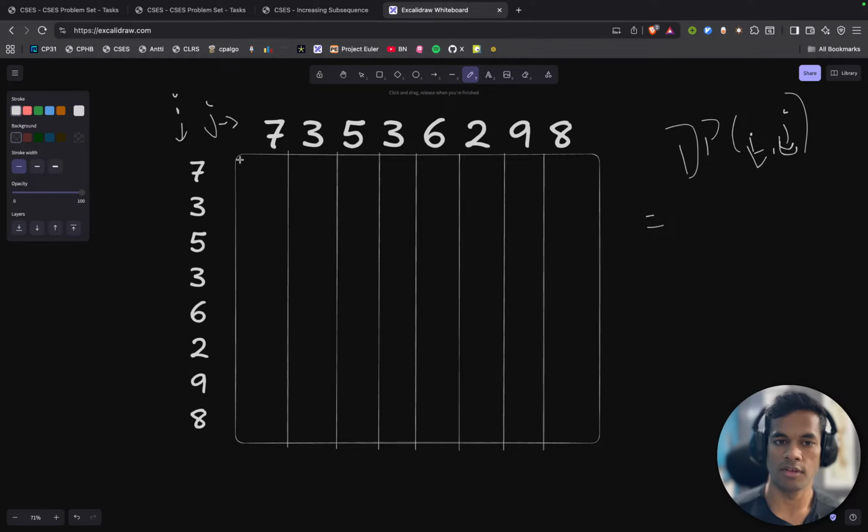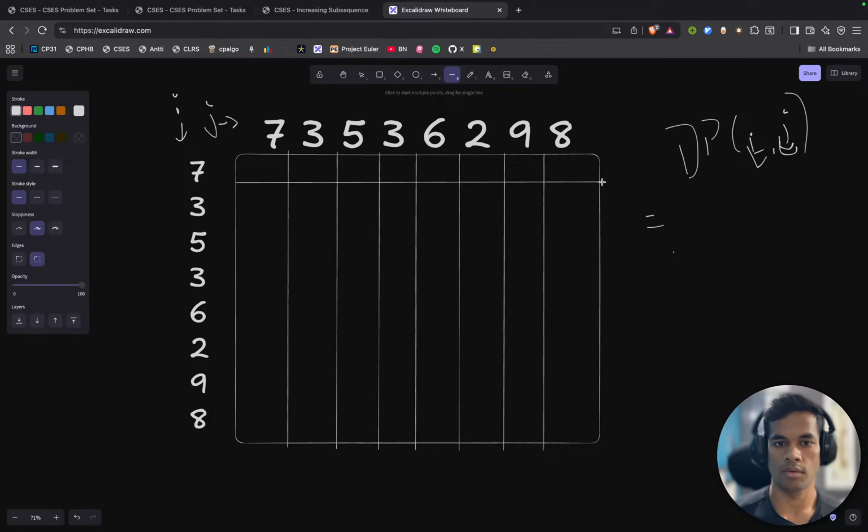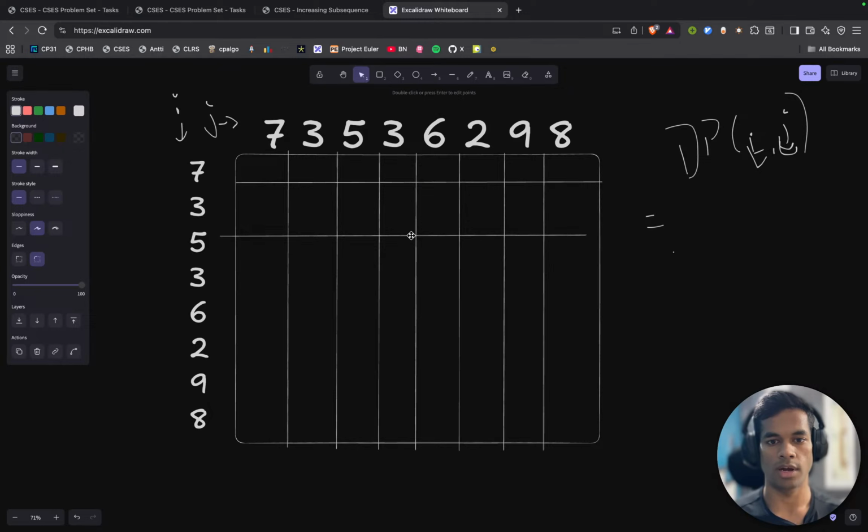Something like this. And if that is the case, then we won't be able to fill a lot of this table, because I cannot pair up this 7 with this 3. The order does also matter.